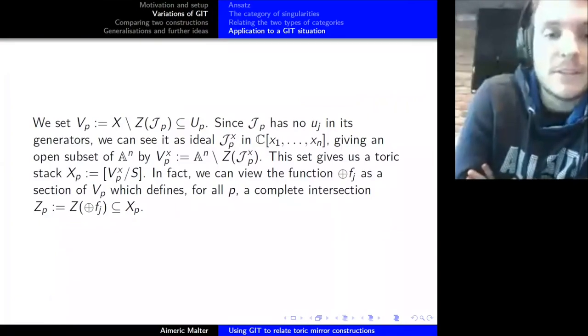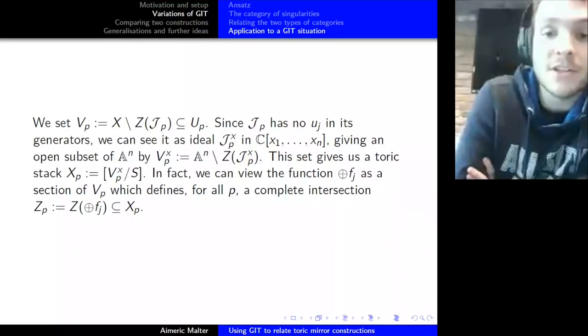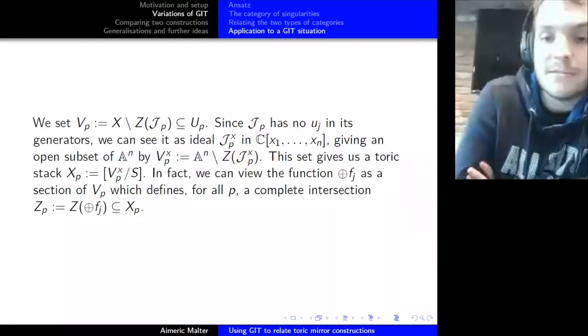Now, if we take this second ideal J and we remove it, that gives us a sub piece of the affine patch. We also note that because by construction, all the simplices we used to build JP had all of the bundle coordinates U, technically it's a sub-ideal of C[x1 to xn]. And that gives us another affine open subset of A^n, which we denote by VP_X.